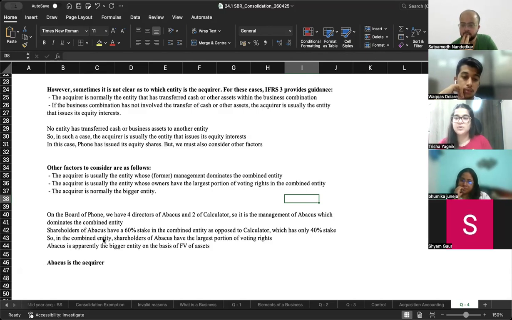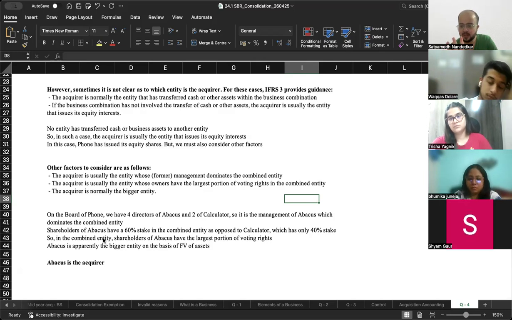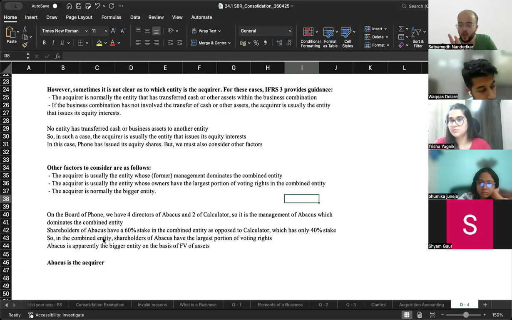It can be another side also because it is equally balanced. Usually, even if there is equally balanced, there could be that one point which tilts you more in one direction. जैसे, for example, 4 points to make Colombia company the acquirer, the remaining two make Brazil company the acquirer. So तब तक वो equally balanced चल रहा है. उसके बाद, there could be that one factor, for example, acquirer is normally the bigger entity, तो दूसरा entity bigger entity है.